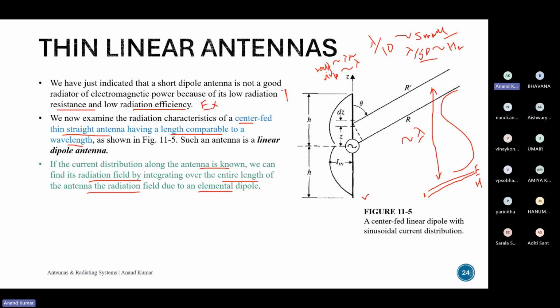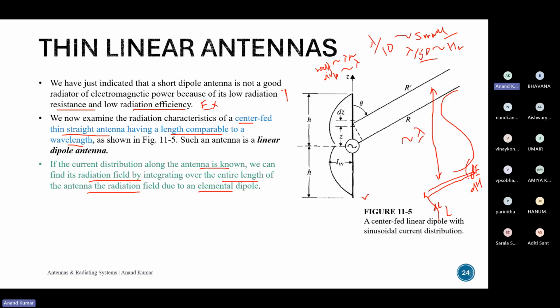Now assume that for this small length, which we call dl, this is the field: it causes dE and dH, the electric and magnetic fields. We can integrate over this dl length, which gives us the full length of the dipole.